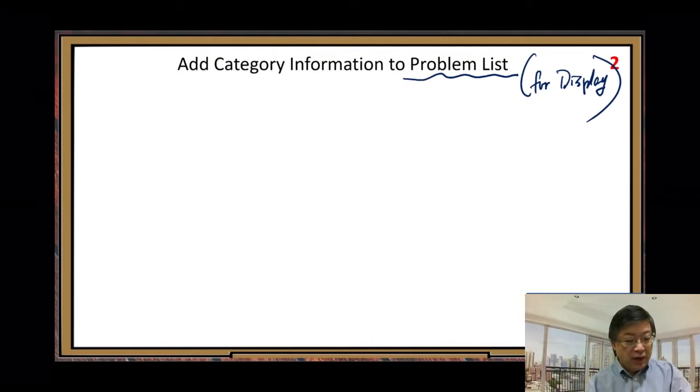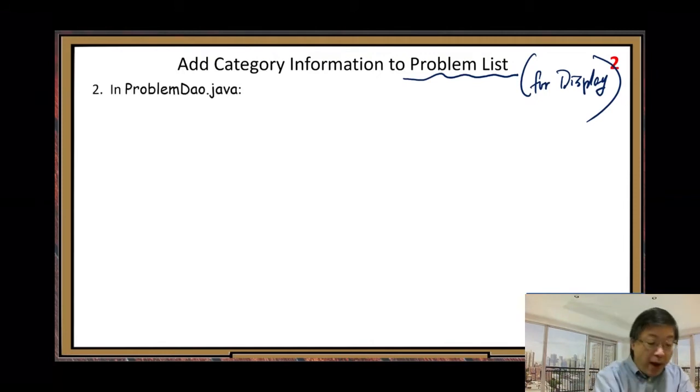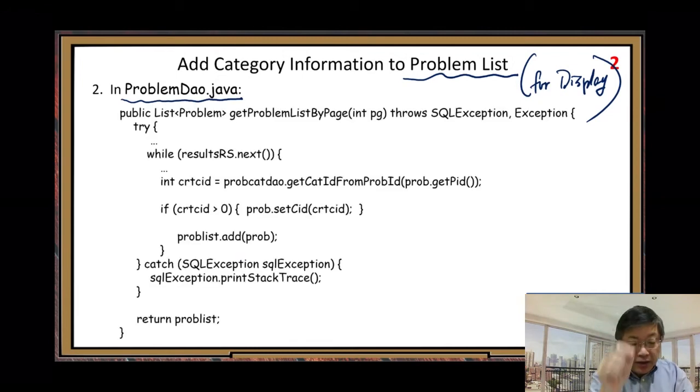All right. Here, we just go back to our old DAO class, problem DAO.java. In the problem list by page method, we modify one special part of it.